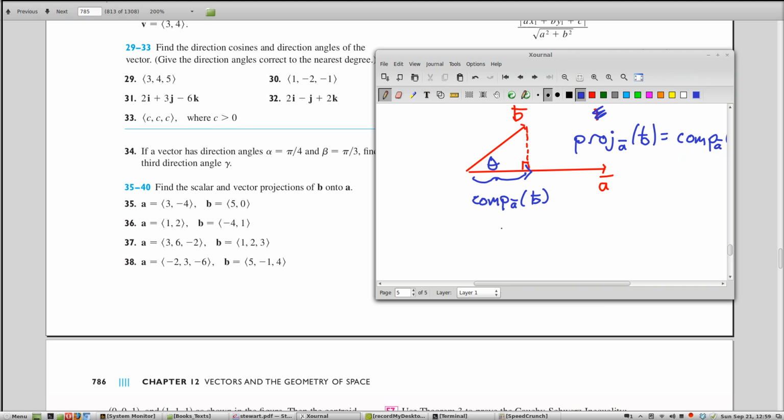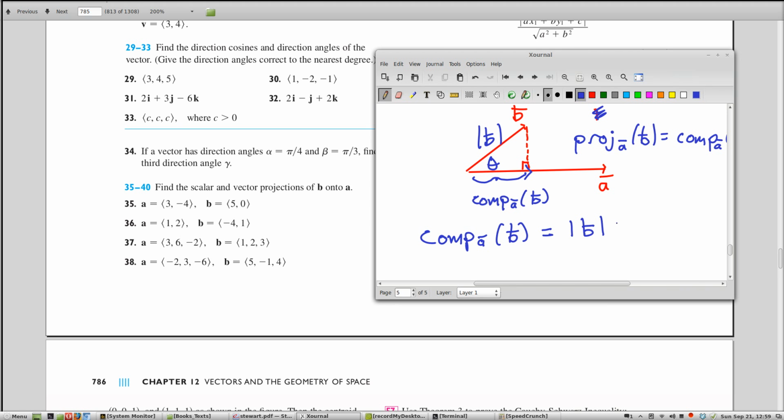To be honest with you, I frequently forget it and have to rederive it. It's just the cosine. This side of the triangle is the cosine times the magnitude of B, because that's the hypotenuse here. So comp onto A of B is equal to the magnitude of B times the cosine of the angle.